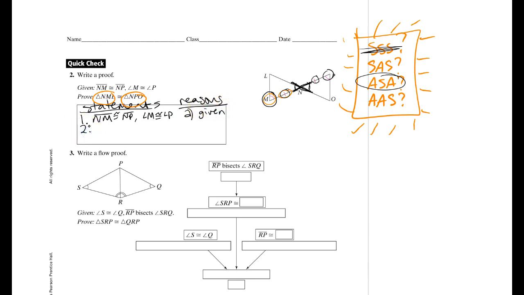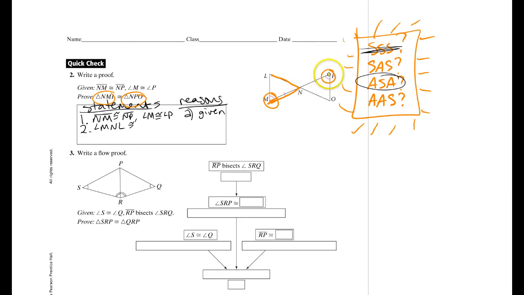So the next thing I need to say is something about this other angle that I decided has to be congruent. So I'll call it MNL. Angle MNL is congruent to what other angle? Well, if I start at the M here, let me start at the P here.